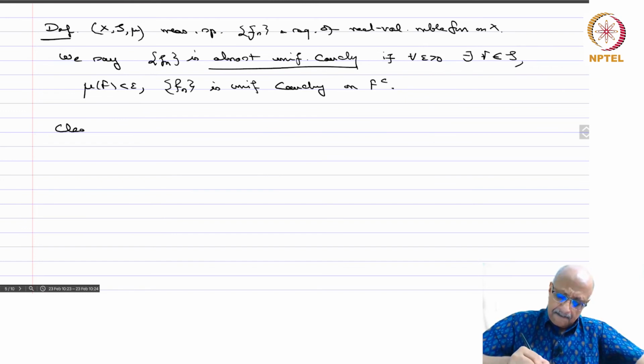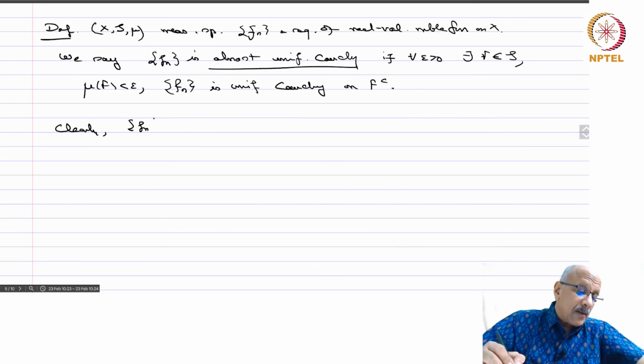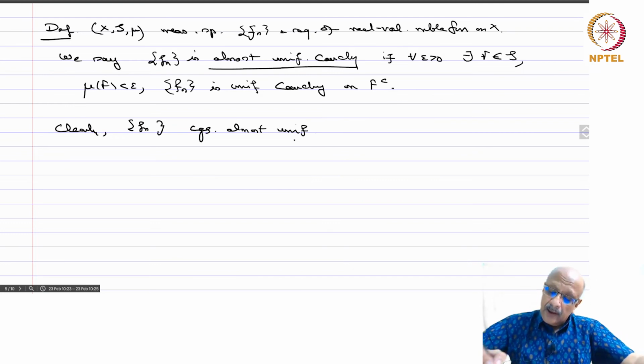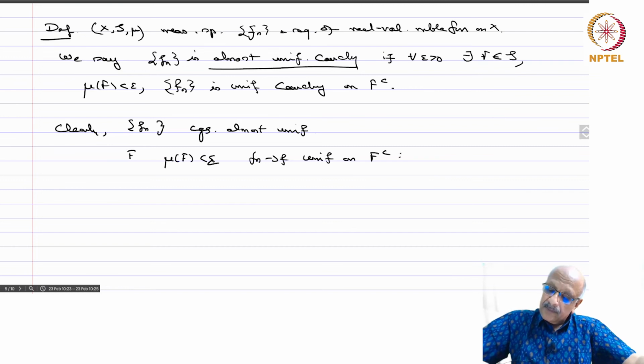So clearly, if fn converges almost uniformly, then there exists an F such that mu of F is less than epsilon, and fn converges to f uniformly on F complement.